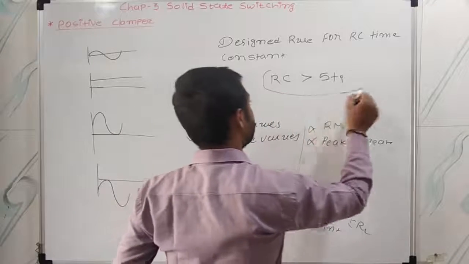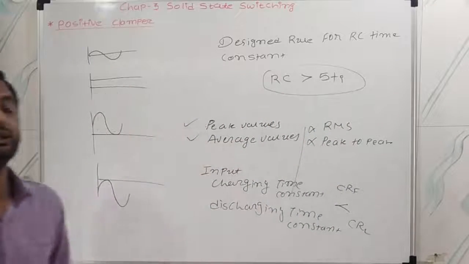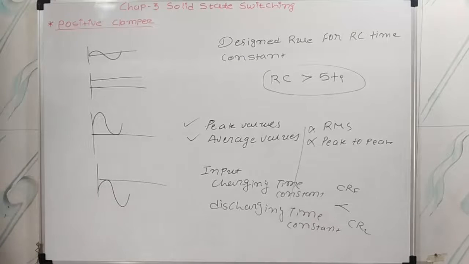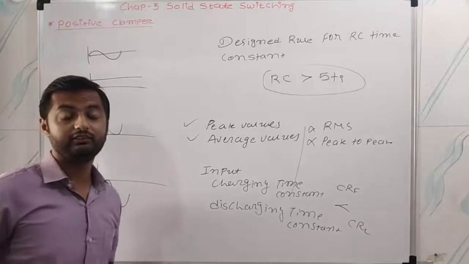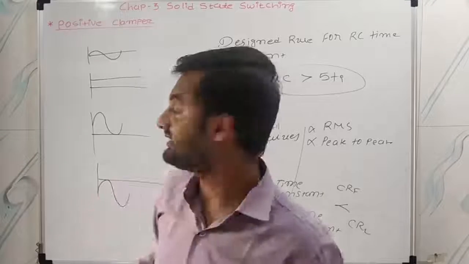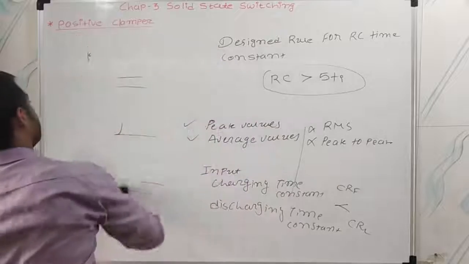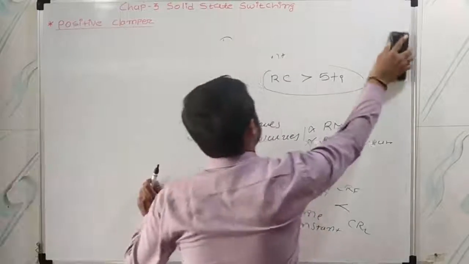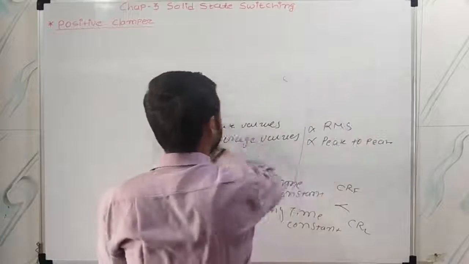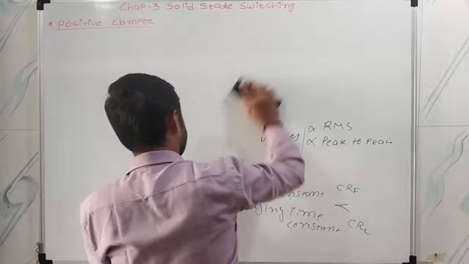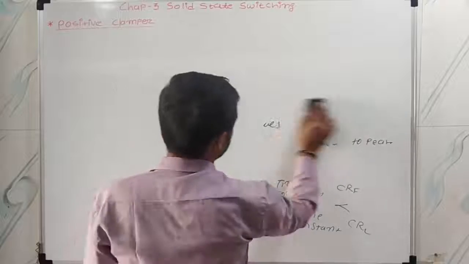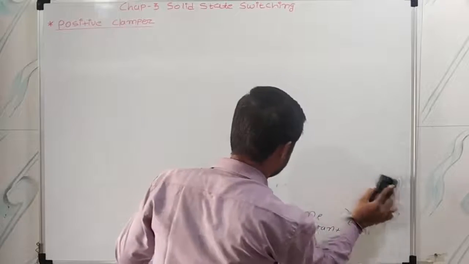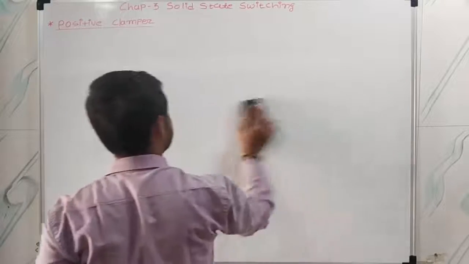It must be greater than 5 times the input time period. This is the basic thing we learned in the previous lecture. Today we are going to start with the positive clamper. I have repeated these rules because they are going to be used in the clamper circuit everywhere, right?